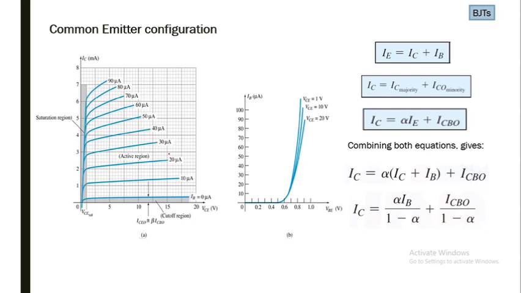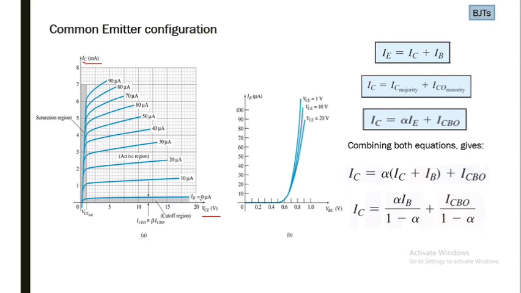And for the output characteristics, these are the plot of output characteristic curves. We plot output characteristic curves against VCE and IC. VCE will be the output voltage and IC, the current, is the output current.